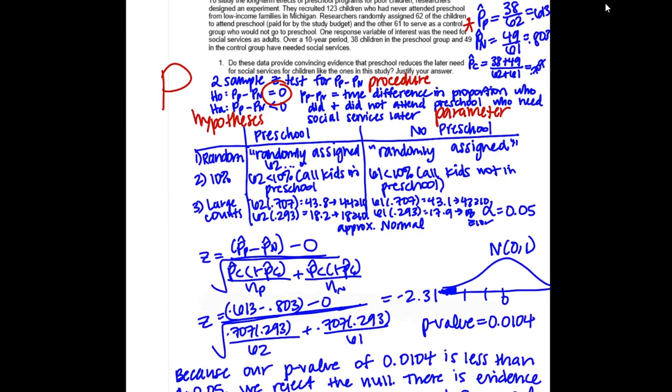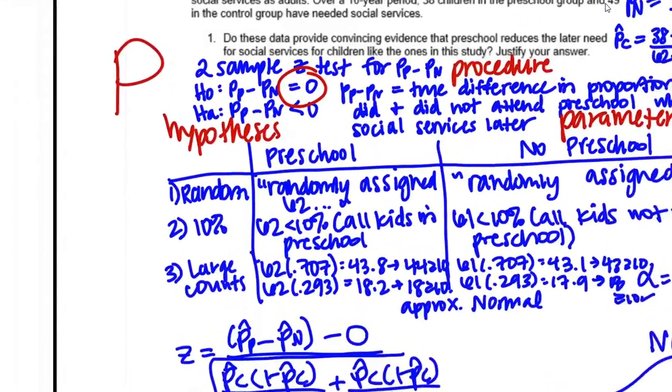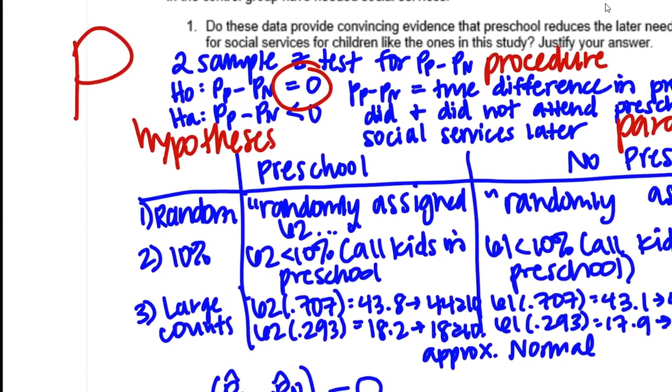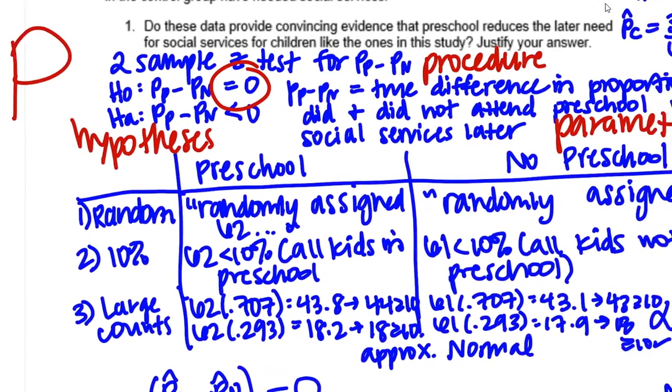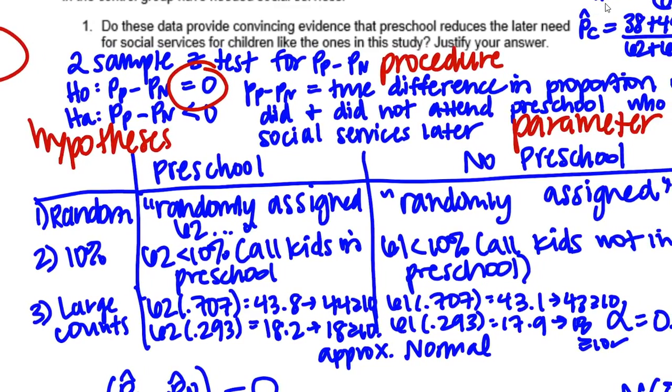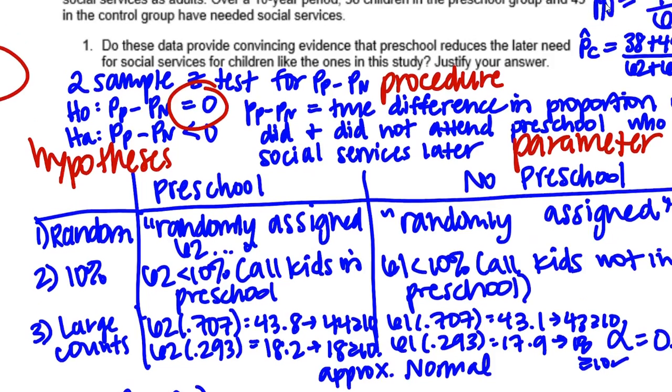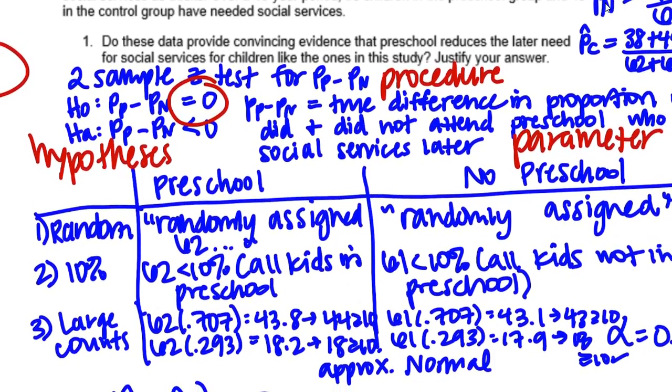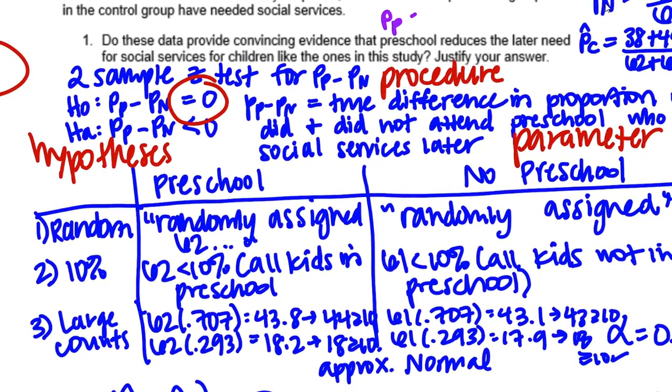And then one other thing about that is for this inequality, it's up to you which order you want to decide to subtract. One thing that I find may be easier, so it says, do these data provide evidence that preschool reduces the later need for social services? So that would mean preschool is less than not preschool.